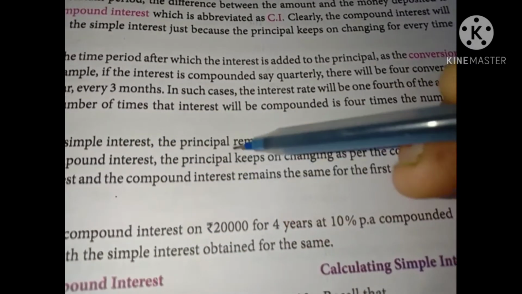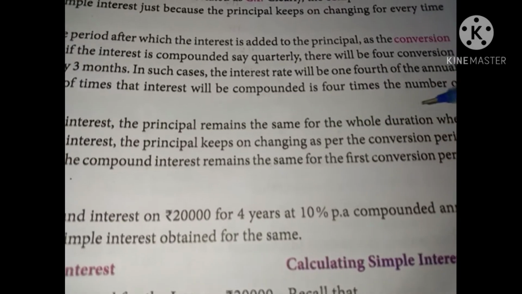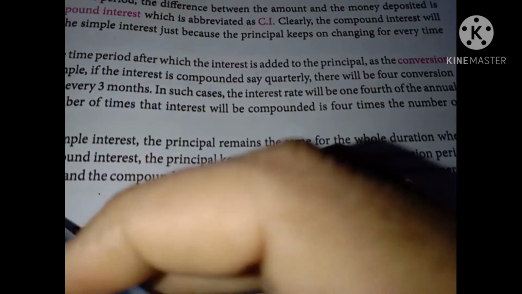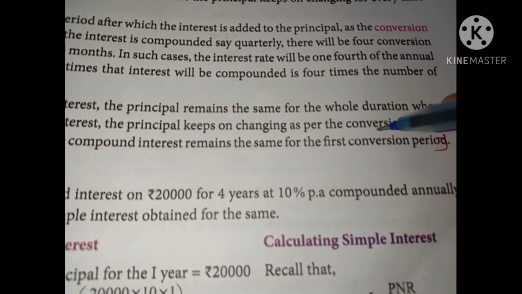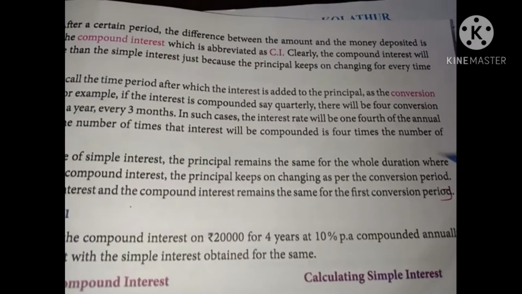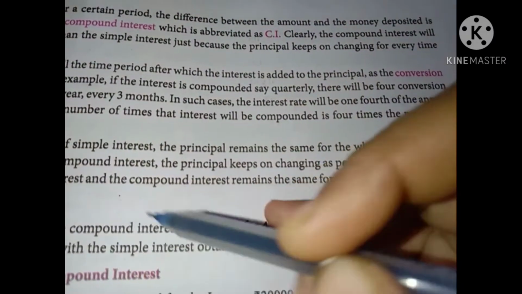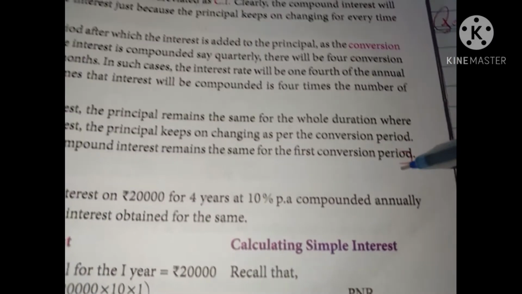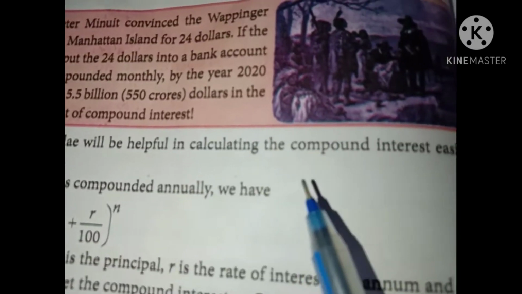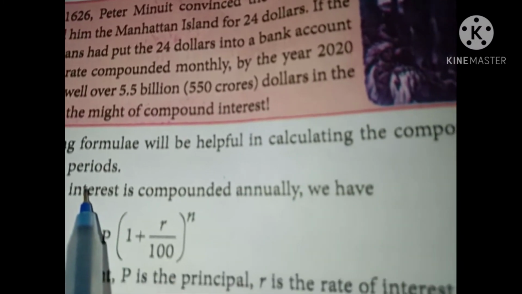In case of simple interest, the principal remains the same for the whole duration, whereas in case of compound interest, the principal keeps on changing as per the conversion period. Therefore, the simple interest and the compound interest remain the same for the first conversion period. The following formulas will be helpful in calculating the compound interest easily.